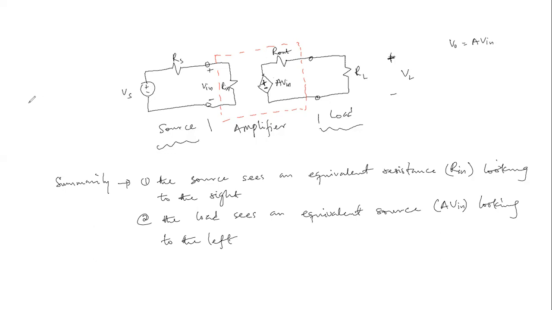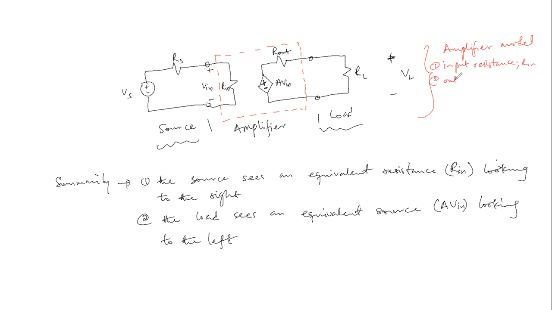Now, let's change the color. So from the amplifier model, we have that in this model, we have the input resistance, R in.